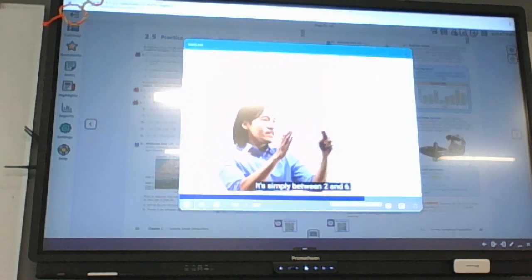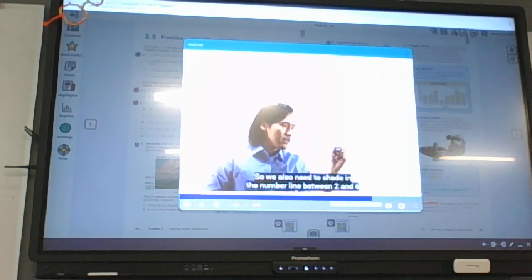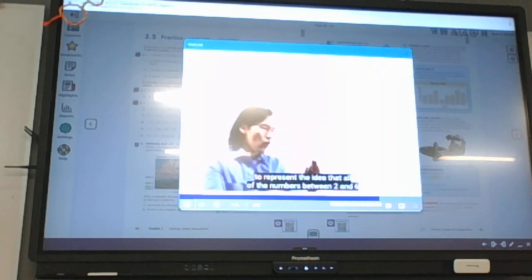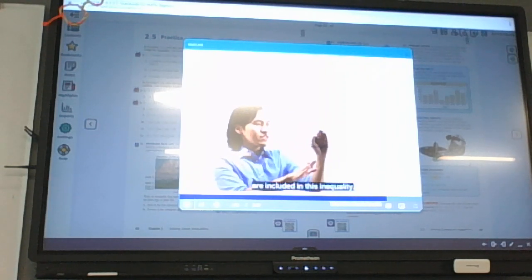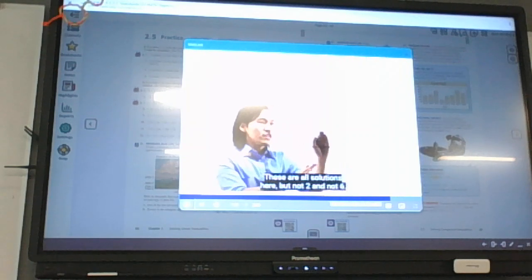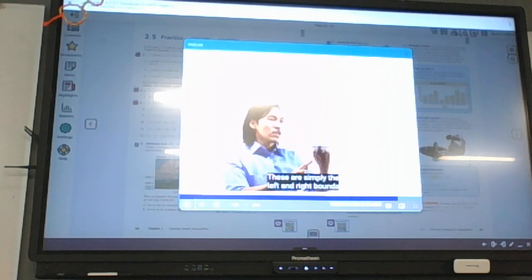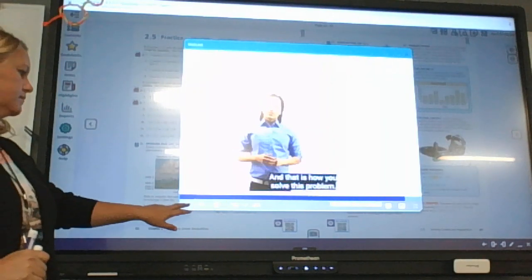It's simply between 2 and 6. So we also need to shade in the number line between 2 and 6 to represent the idea that all of the numbers between 2 and 6 are included in this inequality. These are all solutions here, but not 2 and not 6. These are simply the left and right bounds for where the solutions are. And that is how I solve this problem.